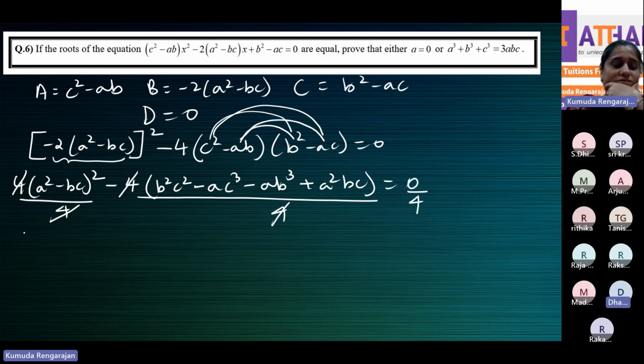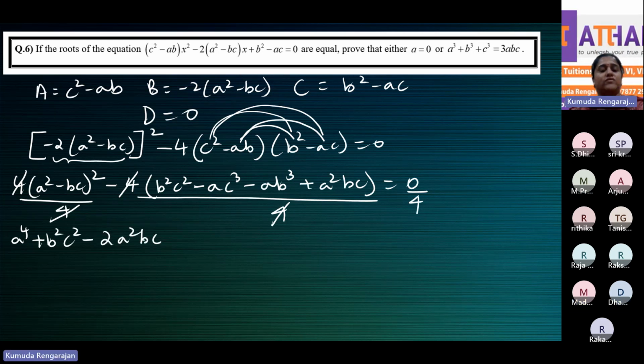Expand this one, A square, the whole square. So that will be A to the power 4. Next, plus B square C square, minus 2A square BC. So it's of the form x minus y the whole square.